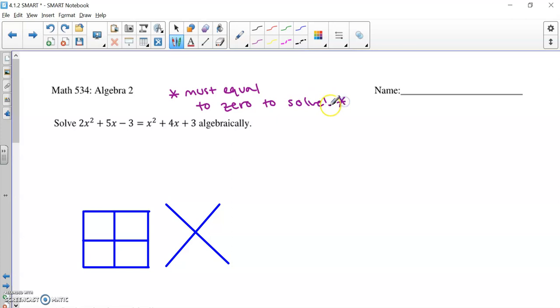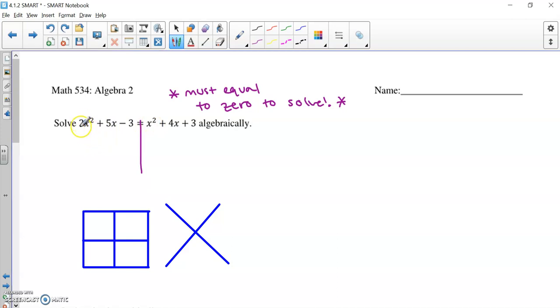That's why we are going to do what we're about to do. So just like before, we need to move all the items from one side of the equation to the other. Now we could move the left ones to the right, or we could move the right ones to the left. My personal opinion is that I'd rather move the right ones to the left, because I'd rather subtract x squared from 2x squared than the other way around.